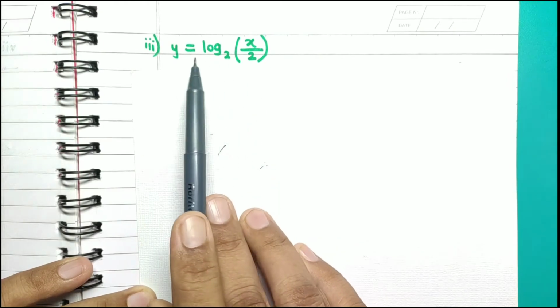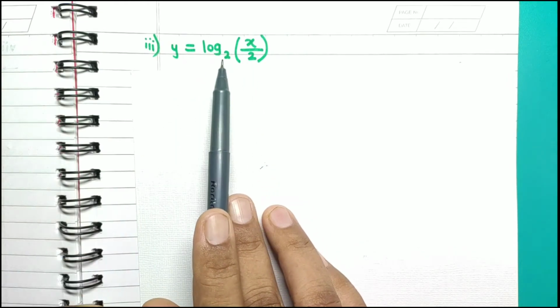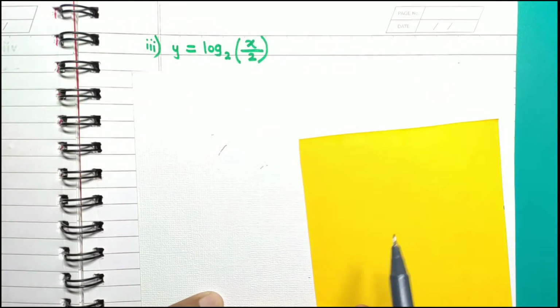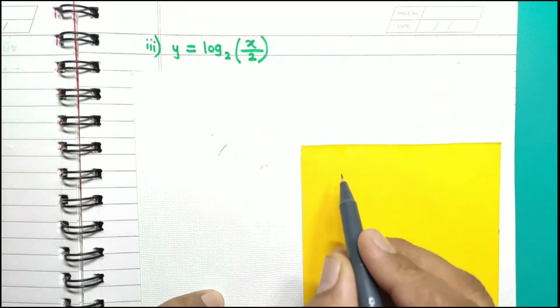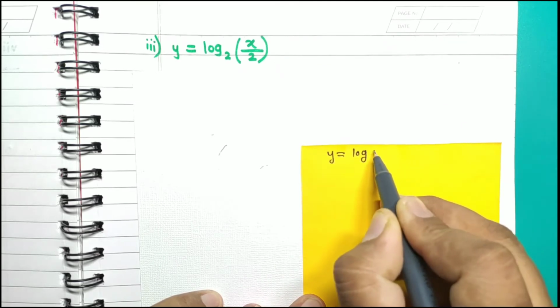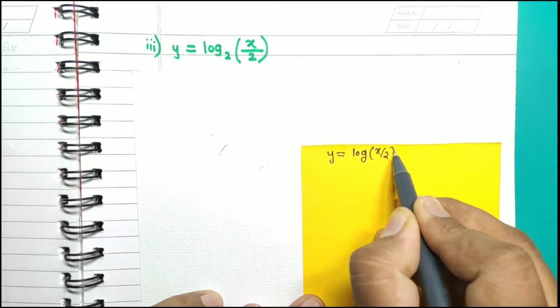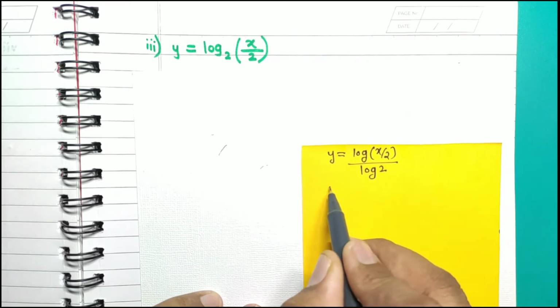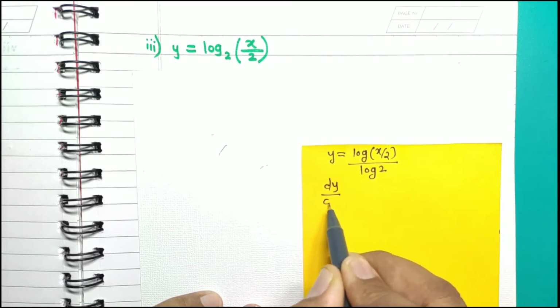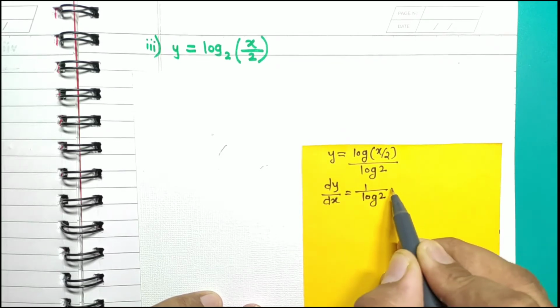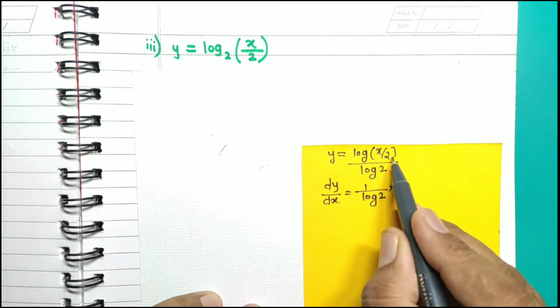Then the next function is y is equal to log of x by 2 to the base 2. Here, we can find the derivative of this function using the chain rule also. Let's change the base to e. So it is log of x by 2 upon log 2. Differentiating with respect to x, dy by dx is equal to 1 upon log 2, which is constant, into the derivative of log of x by 2.